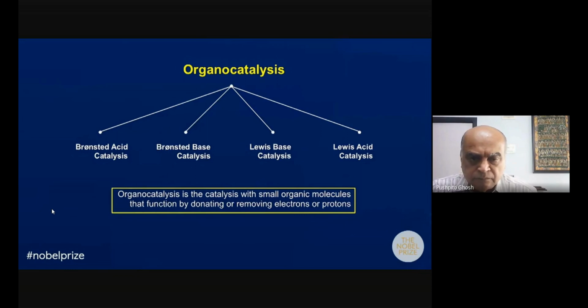And that automatically creates four sub-areas of organocatalysis: Brønsted acid catalysis, Brønsted base catalysis, Lewis base catalysis, and Lewis acid catalysis. And these are the catalysts that either donate or remove protons or donate or remove electrons. And this actually brings some nice organization into the field of organocatalysis, and it also brings to the surface gaps where actually nobody works on, I found.